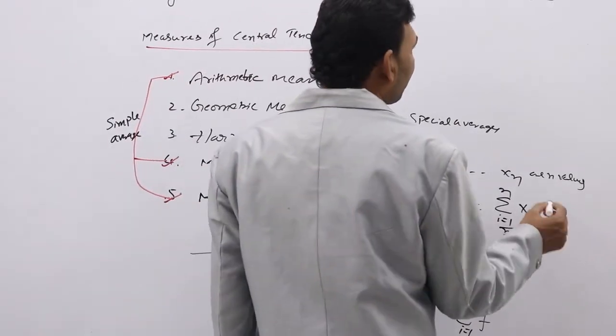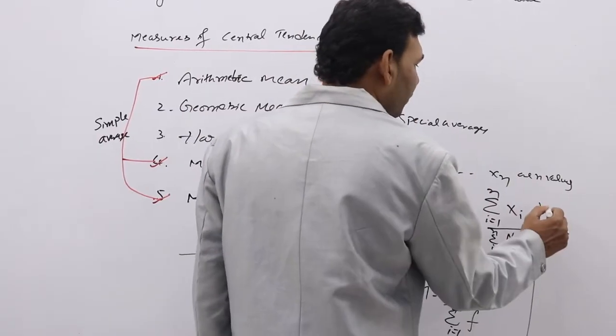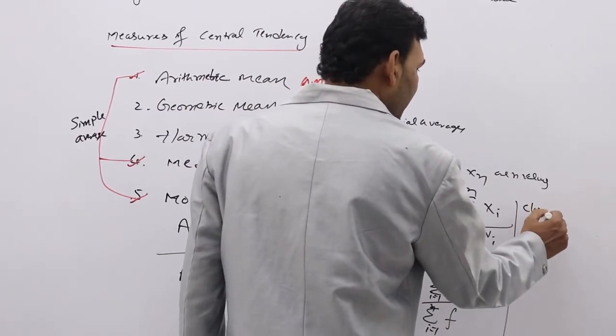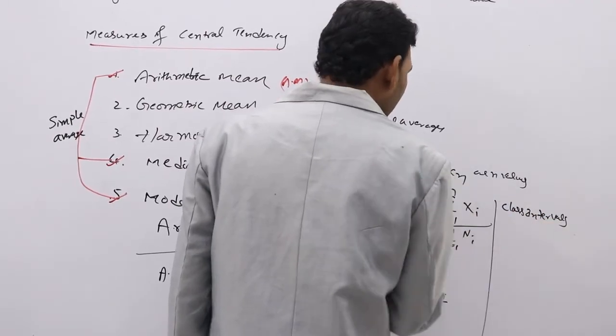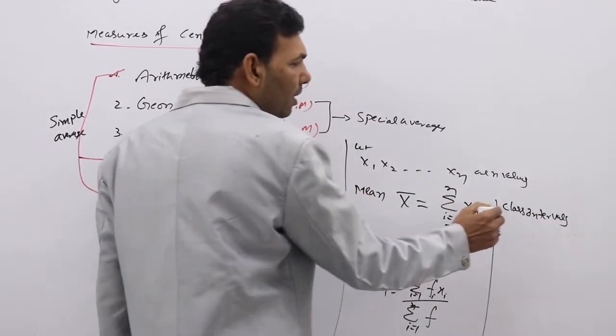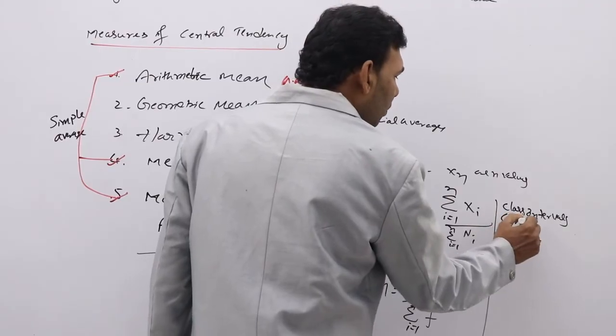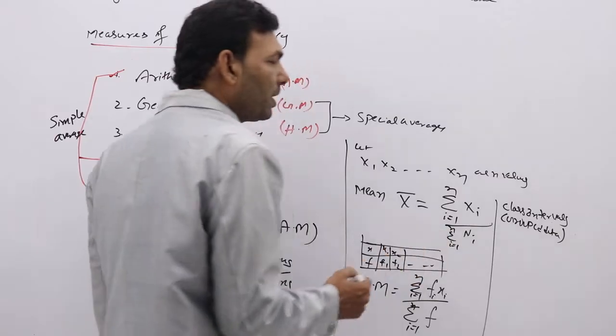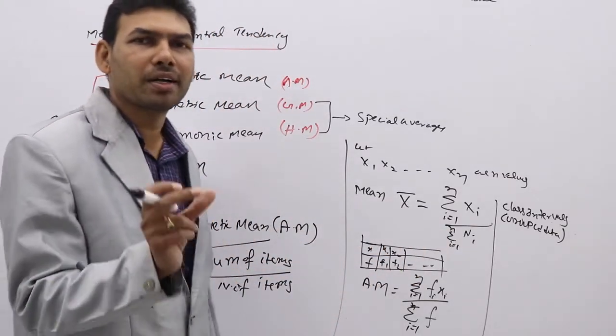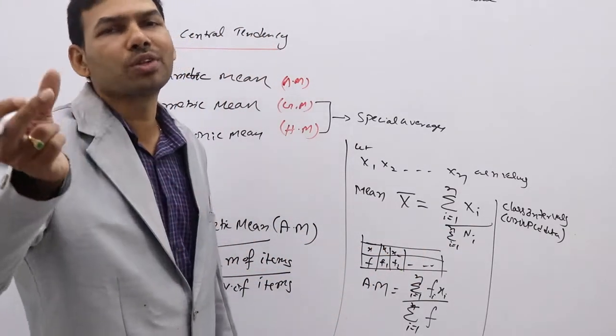When the data has class intervals, we call it grouped data; the earlier one is discrete, ungrouped data. If you have grouped data, that means 1 to 10 this many, 10 to 20 this many, 20 to 30 like this.